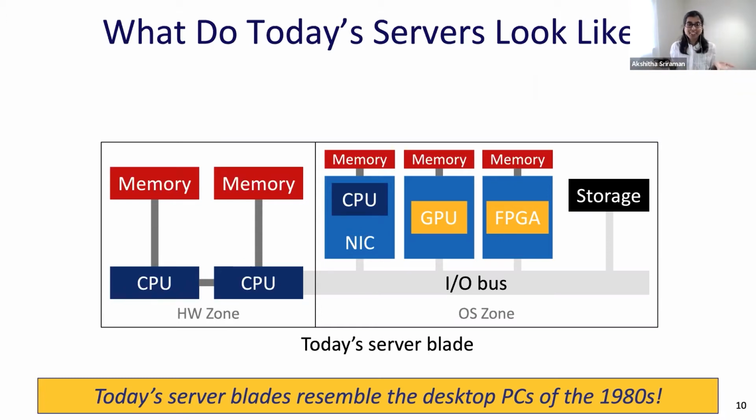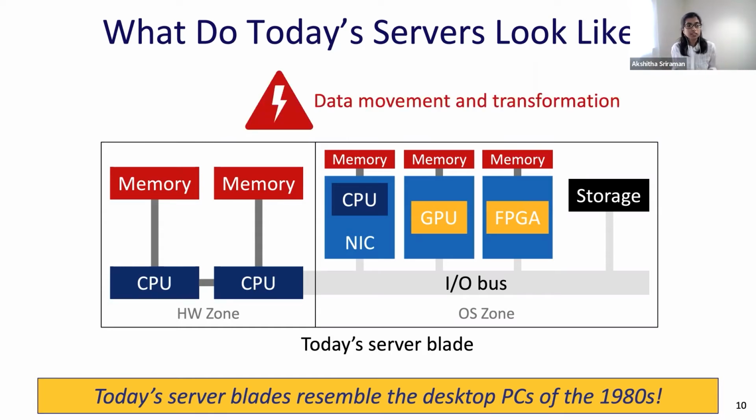But again, the basic architecture is still pretty much the same as the desktop PCs of the 1980s. In fact, with this glorified view, the fragmentation of silicon, particularly of these memory resources, has only gotten so much worse, as I'm showing you with these red blocks.